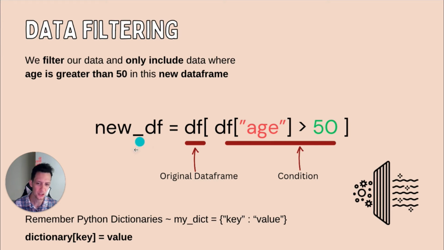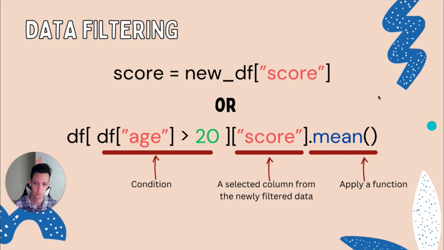Now that I have a new data frame, I can choose another column within it. So score equals newDF, and I target the score column. This represents the score column within that conditionalized group.